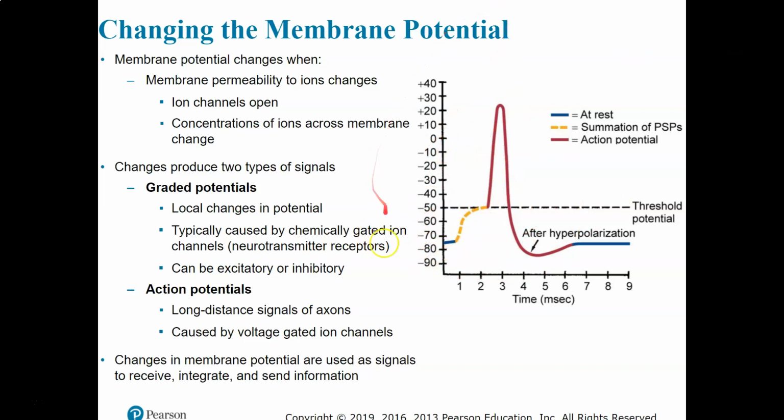So here, this change is caused by graded potentials. And then if we reach threshold, that triggers the opening of voltage-gated ion channels, and that's what causes an actual action potential to occur. This big change in the membrane potential sweeps down the axon and actually sends the signal.